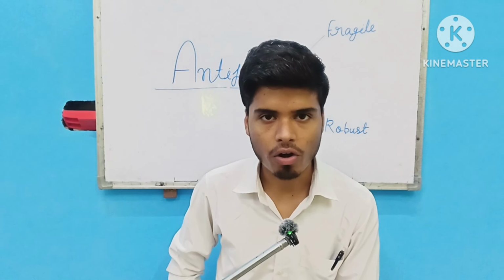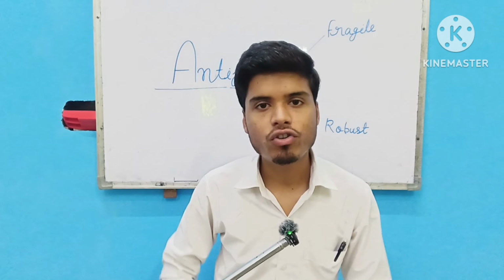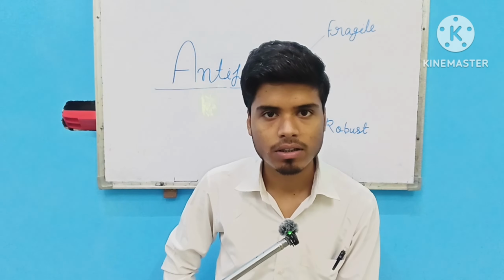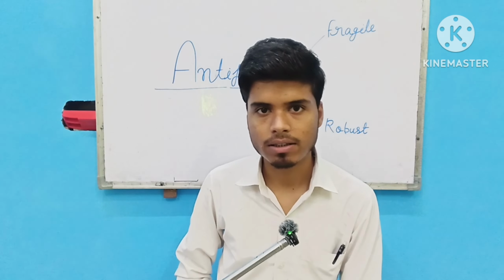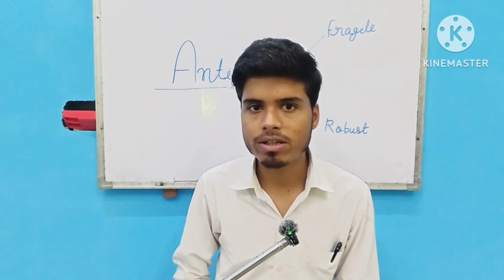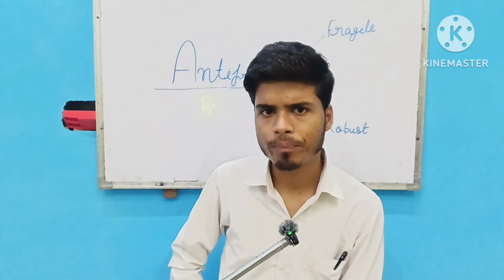If I talk about the gym, when you go and your muscles grow, how? Because the antifragile system applies. But fragile things will break and shatter, and robust things will remain the same.